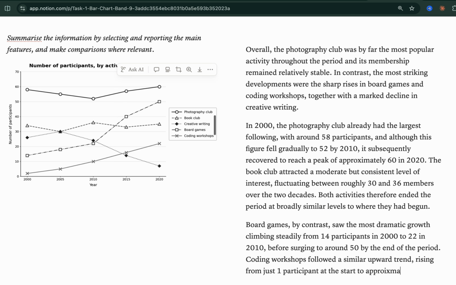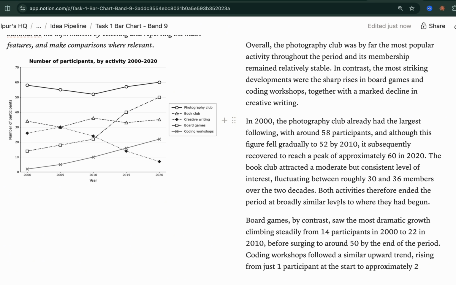to approximately 20. So let's check it a little bit. So okay, I'll call it 22, maybe 23. I think they are the same with ball games in 2010, so I'll also call it 22.